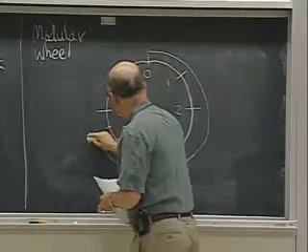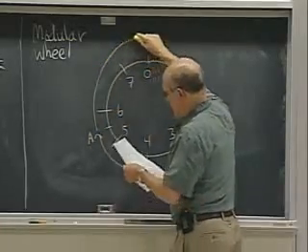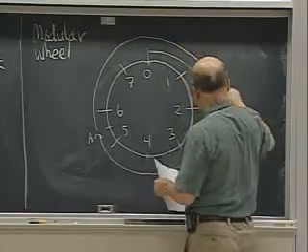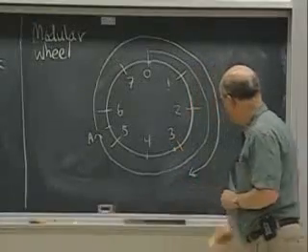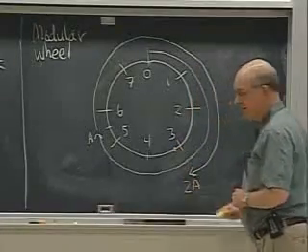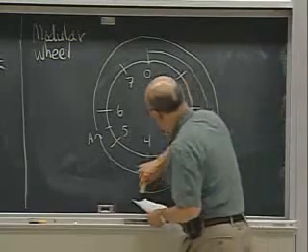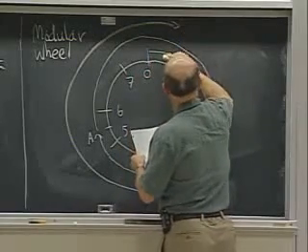That's A. And if I do 2A, that continues around and takes me up to about where? About a little past 3. About to there. So that's 2A. And 3A takes me around to somewhere about there.